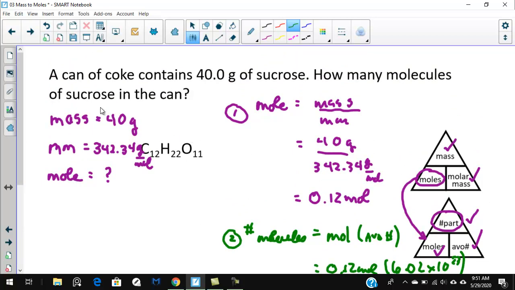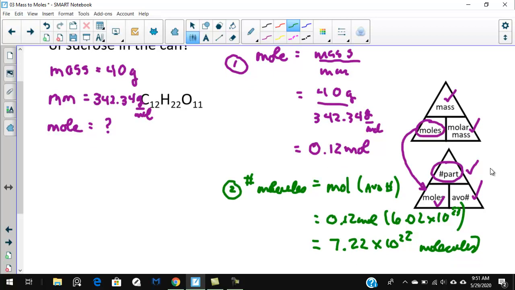Okay. So a little more complex question, but if you take your time and you map out using these two triangles what things you have, you should be able to find a pathway of getting to the amount that you want to calculate. So again, we were given mass, and we can always find molar mass. So let us put it into moles. That lets us jump to the second triangle where we have moles, and then we can multiply moles by Avogadro's number to get the number of particles.